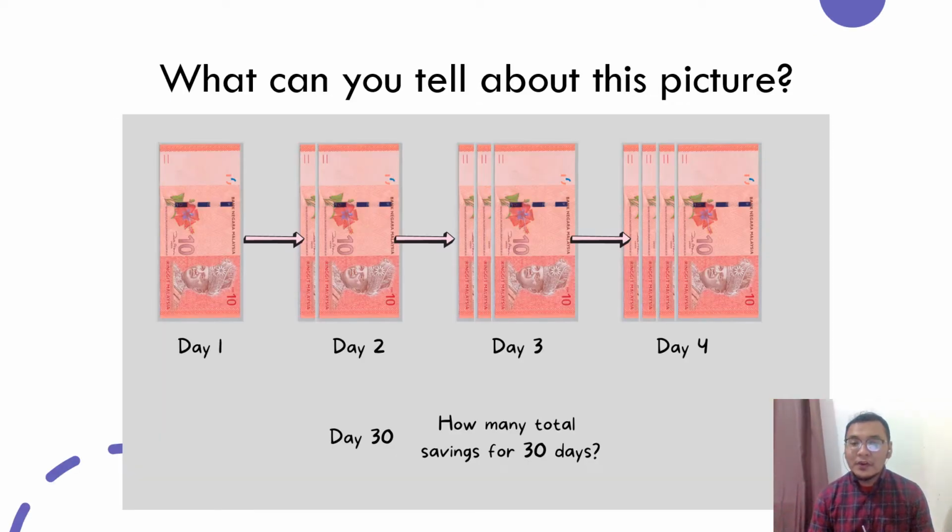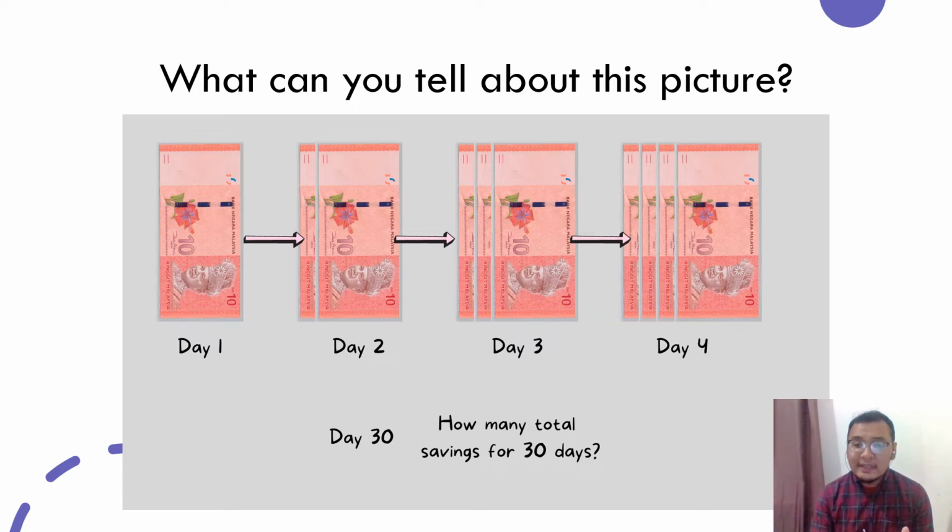So before we go deeper about arithmetic progression, what can you tell about this picture? I heard money. Other than that, savings. Okay, good. Just assume that you want to make savings for 30 days.